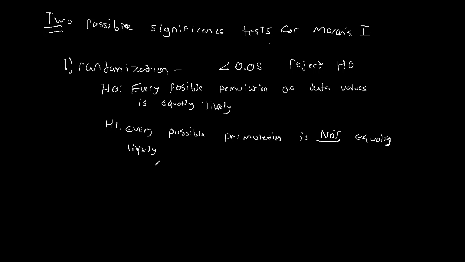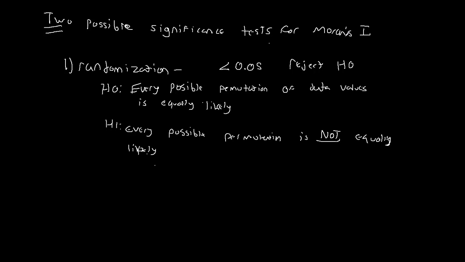I am not able to just take some other county's data value and be the same. It matters. So if every possible permutation is not equally likely, that's an indication that there is structure that matters. It matters to me what my data value is. So that's an indication that our Moran's I statistic is actually telling us that we have a meaningful structure. And that meaningful structure is, at least in part, because of spatial autocorrelation.